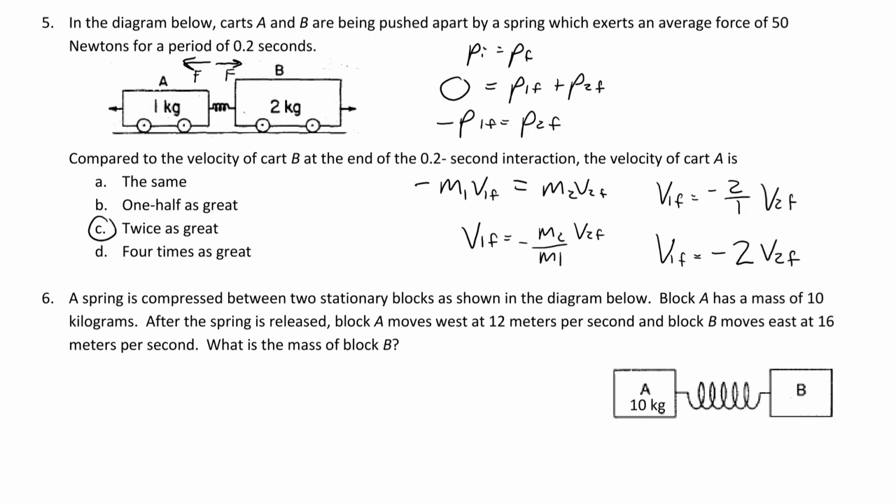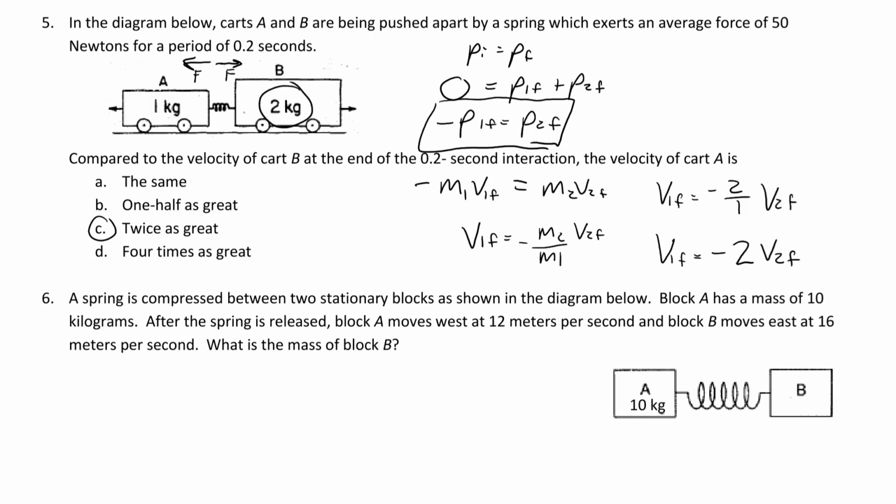Now, here's another way to think about it, right? Let's go with just this. If we could get this far in our reasoning, and we got that way because the initial momentum for the system is 0. So that means that when you add the momentum of this plus the momentum of that, they're going to cancel out and become 0. So basically, the magnitude of the momentum is the same, but this one is twice as big as this.